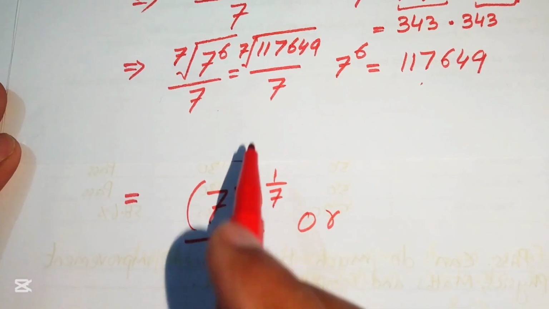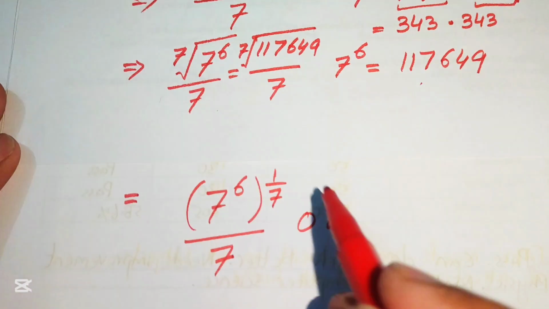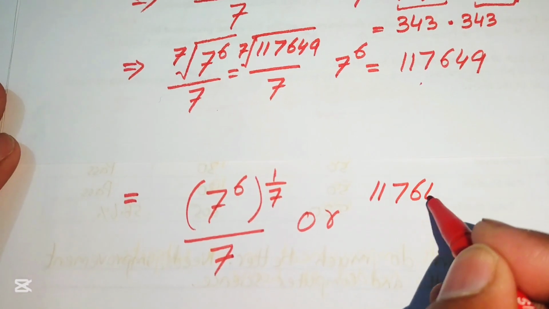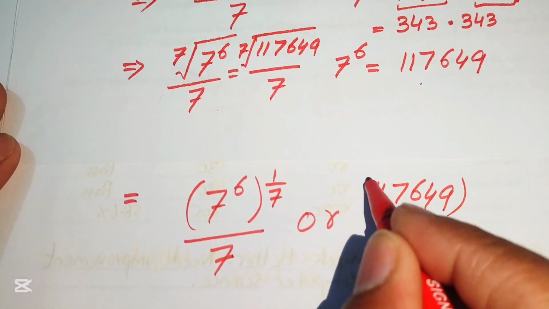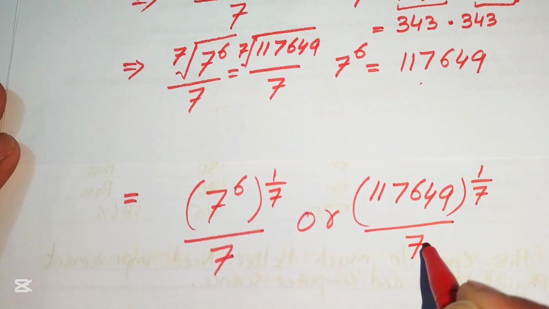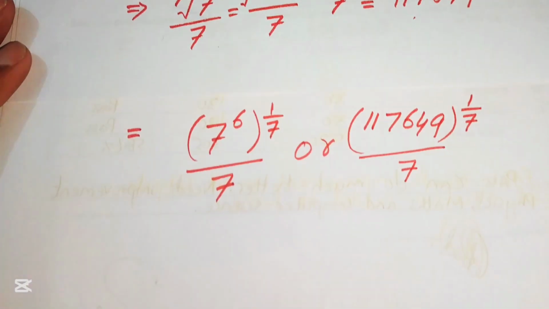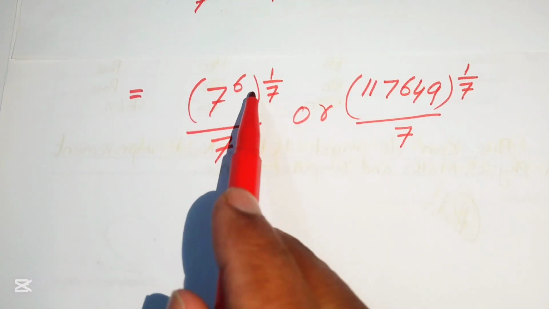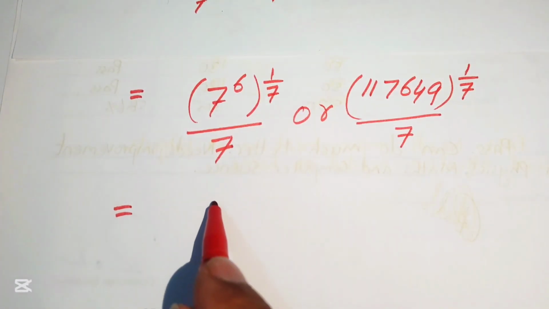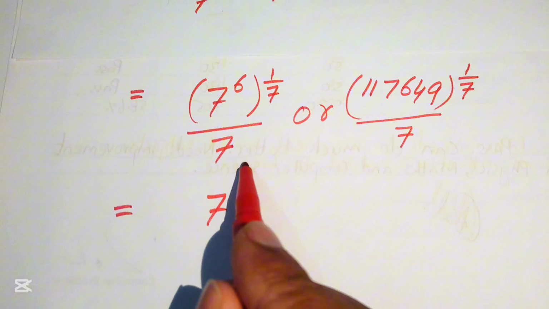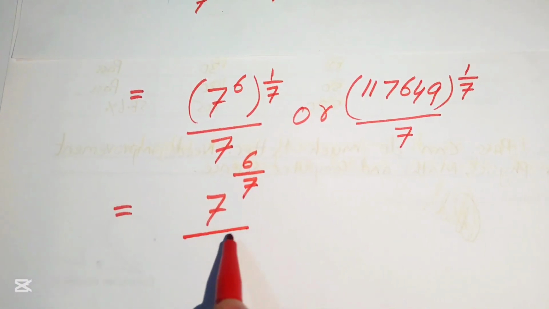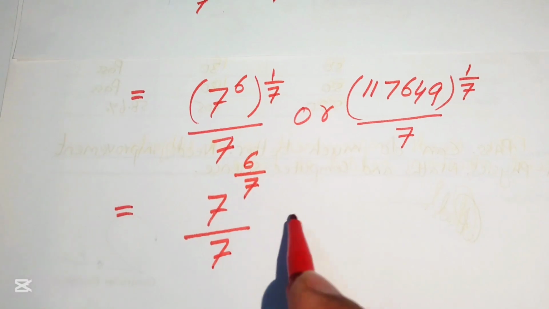Or we write the 7 to the power of 6 as 117,649 with whole power 1 over 7, divided by 7. Now these two exponents are multiplied by each other, and we obtain 7 to the power of 6 over 7, divided by 7.